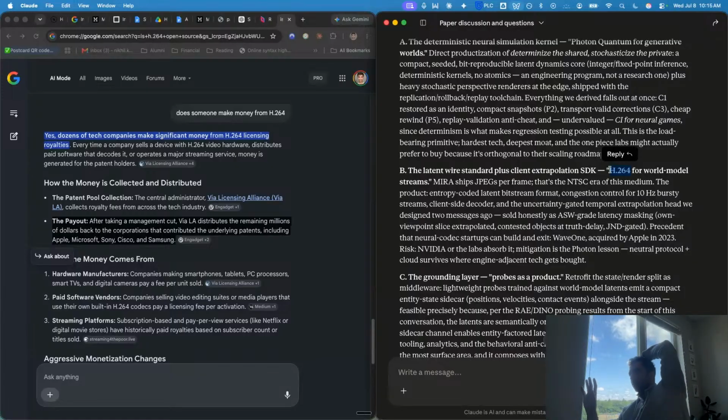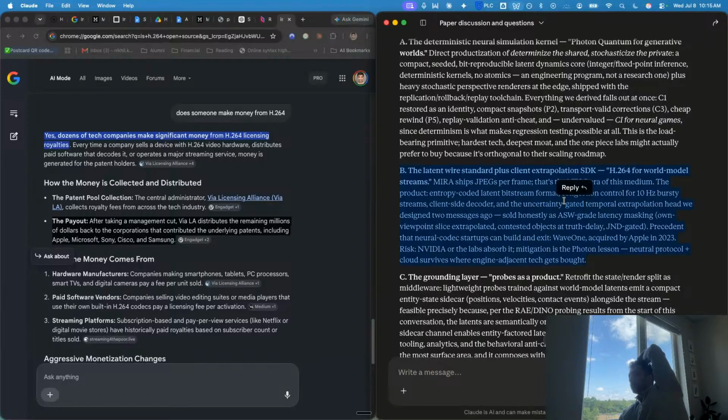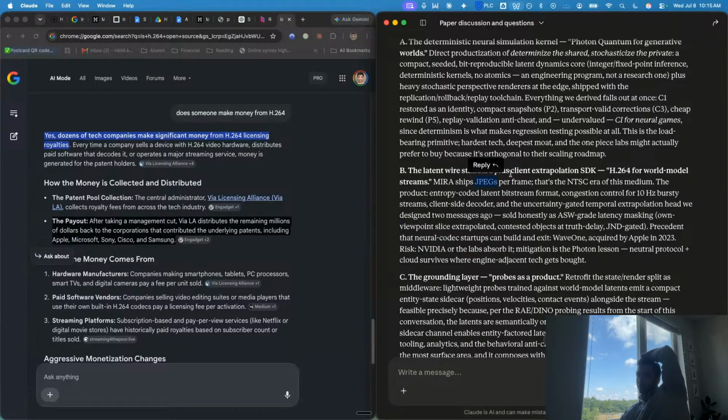So that means that this is actually a viable idea. Just to explain this, if we're in this world model AI generated multiplayer game world, and the thing being communicated between the server and the client is latents as opposed to pixels, then there needs to be a codec optimized for transporting those latents.